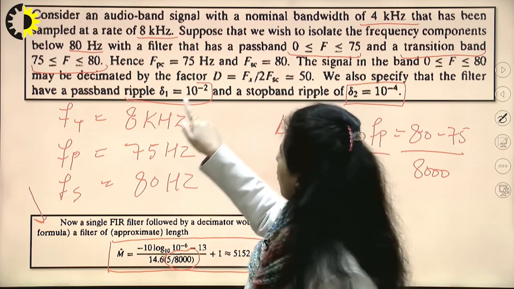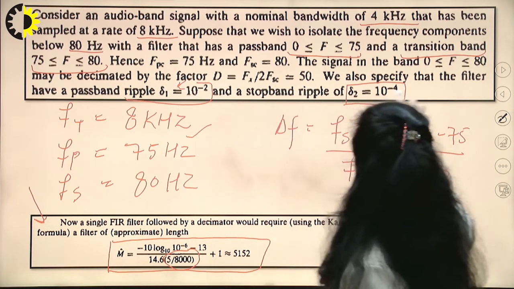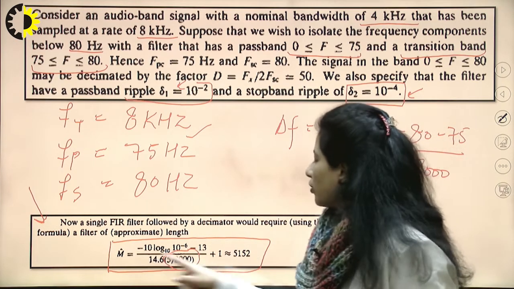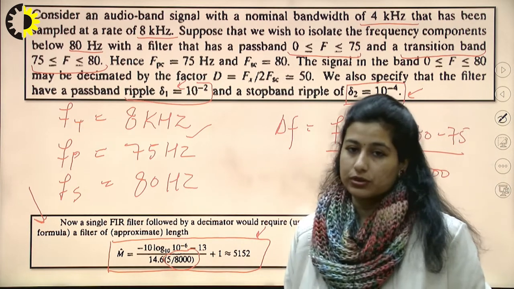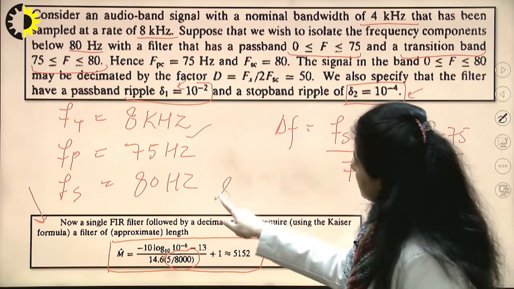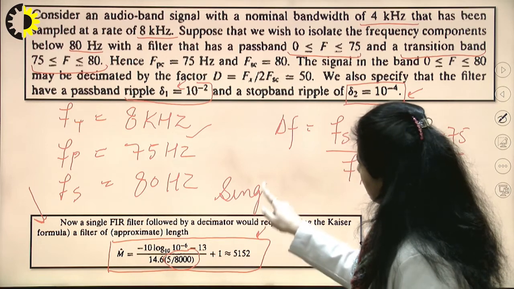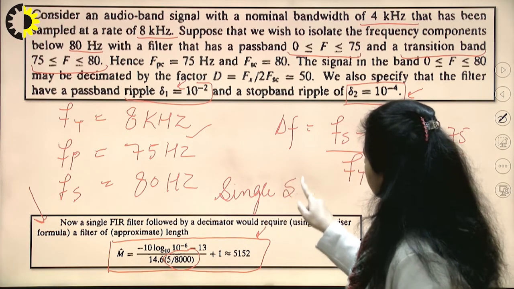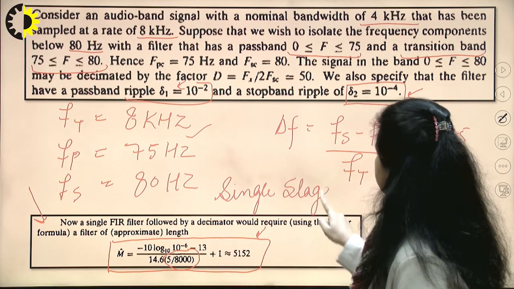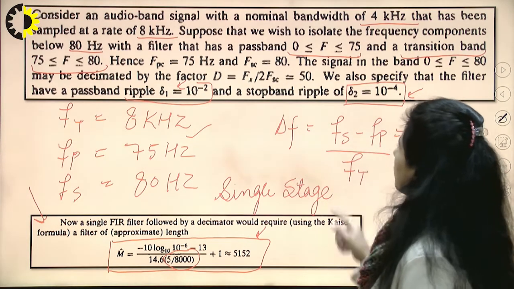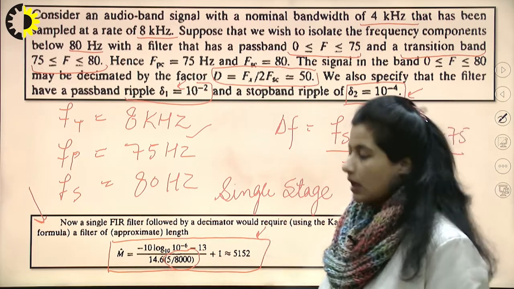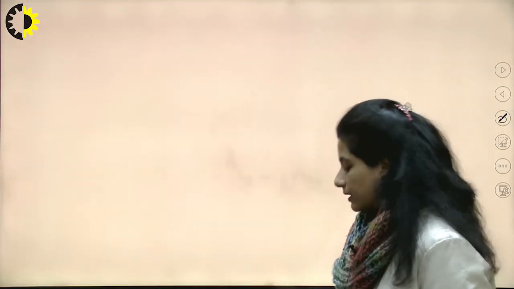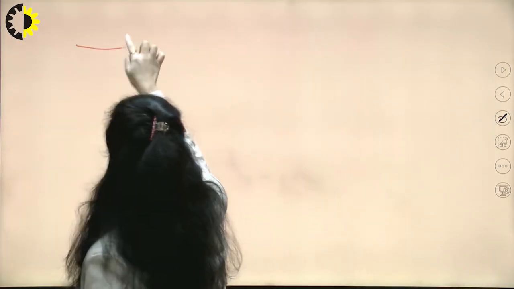Substituting the values of delta P and delta S, I get the order of the filter which is approximately 5152. This is for a single stage decimator which wants to decimate a given frequency by a factor of 50. Now let us design this particular filter in two stages.